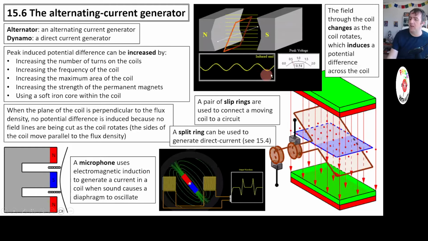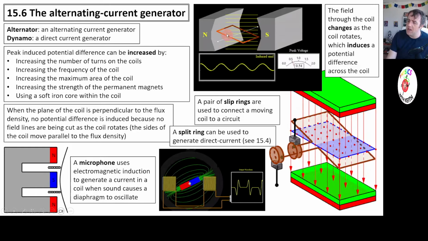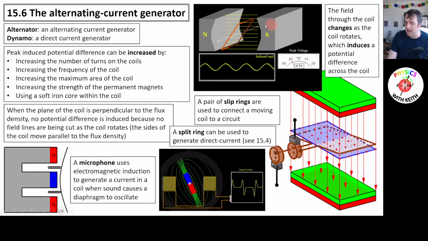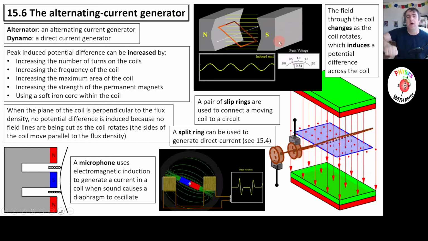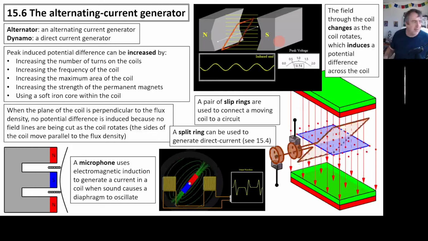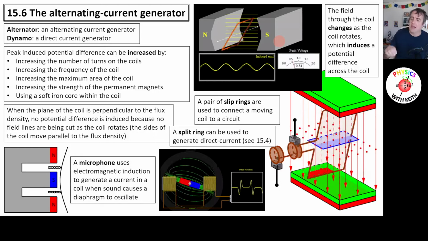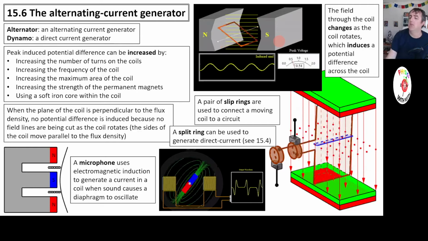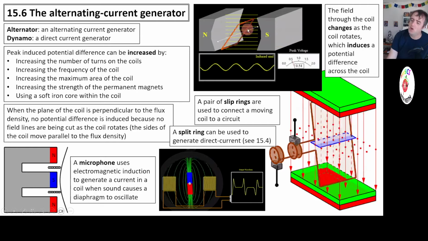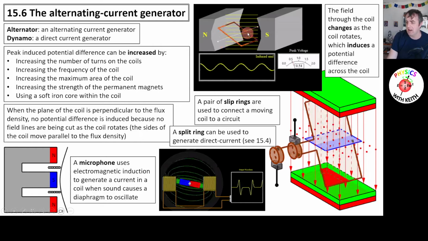In the top example, we have a coil of wire being made to rotate in a magnetic field. So I am pushing this wire around. I'm doing work. As I push that coil around doing work, the coil sees a changing magnetic field.